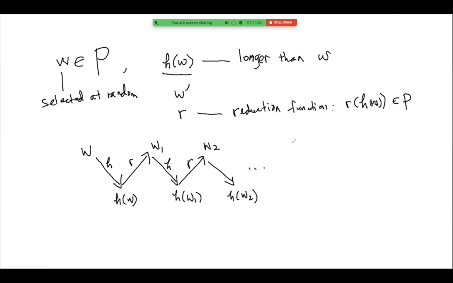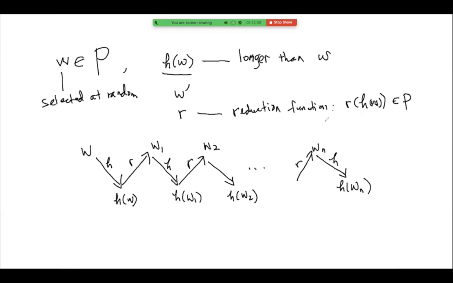Finally, let's say I get Wn, and then apply H, I get H of Wn. I could use K here, but N tends to be a fairly big number. As long as you know N is some number, that would be fine. So let me just keep N here.